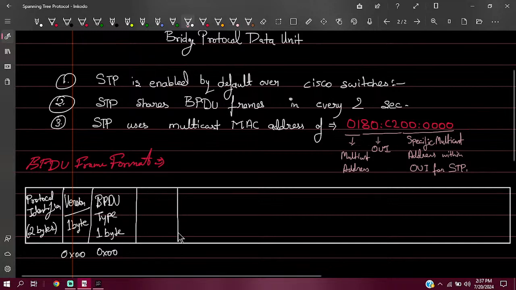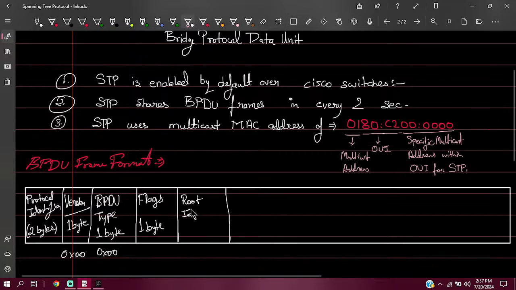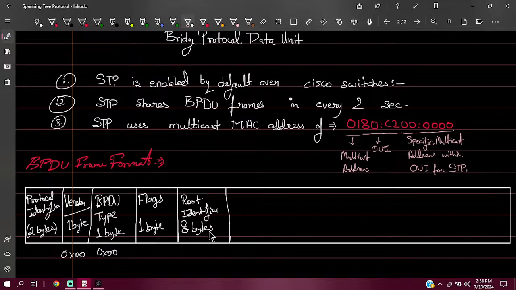After BPDU type, the next field is the flag field. As you know, it is of 1 byte only. तो देखो, फ्लैग फील्ड तो बेसिकली टीसी टोपोलॉजी बदल रही है आपकी, या एक्नॉलेजमेंट जा रहा है टोपोलॉजी बदलने का, उसके लिए शेयर किया जाता है, ठीक है. इसके बाद आता है आपका रूट आइडेंटिफायर. रूट आइडेंटिफायर गाइस 8 बाइट्स का फील्ड होता है, और ये बताएगा बेसिकली कि मेरा रूट ब्रिज कौन है, ठीक है, जिसमें आपका ब्रिज प्रायोरिटी भी होगा और मैक एड्रेस भी होता है रूट ब्रिज.